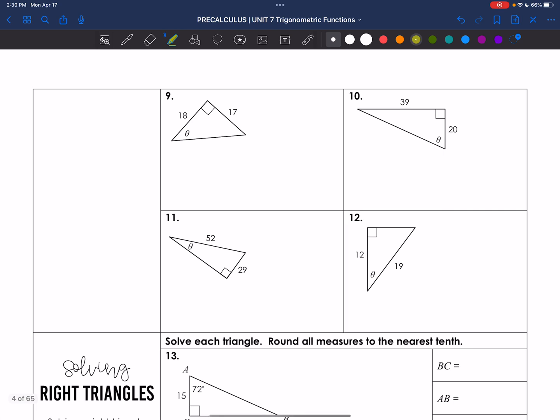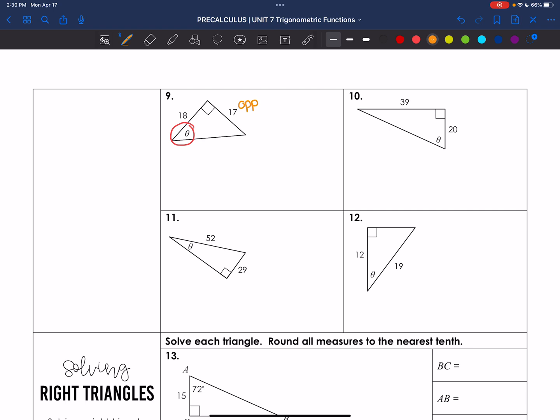All right, let's do just a couple more here. Let's look at 9. Once again, we want to start by circling our angle, then labeling our sides. 17 would be what in relation to our angle theta? Which side is that? That is going to be your opposite.